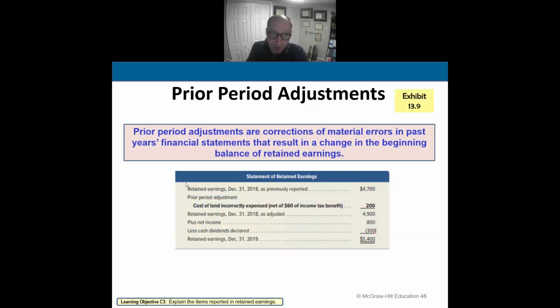And here's a nice example of a statement of retained earnings. I do like this one. So we have beginning balance retained earnings from the previous report. Looks like the company got some land that was expensed incorrectly, so adjustment for $200. Plus net income minus cash dividends equals ending balance retained earnings.